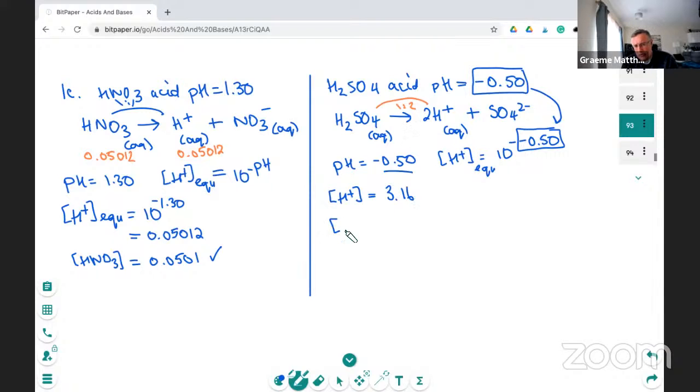So the concentration of my sulfuric acid is equal to the concentration of my hydrogen ion divided by 2.